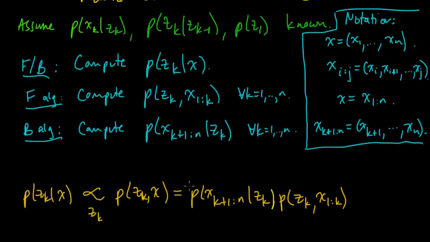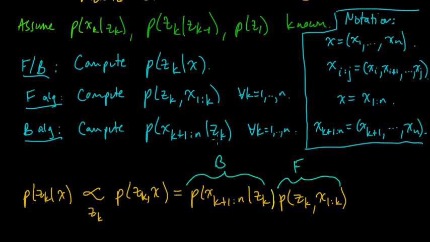This is the backward part, and this is the forward part. By multiplying these together, we get something which is proportional to what we wanted. And since this is just over a finite set, it's easy to normalize. We can just sum over that finite set, get the normalizing constant, and we can get this distribution.